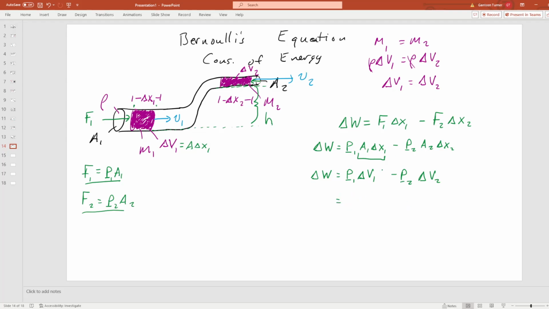Because delta V1 equals delta V2, I can drop the subscripts on my volume elements, and we have P1 minus P2 times delta V. So this is the work that's done on the fluid. And obviously the work done on the fluid has to be positive because the fluid is moving.